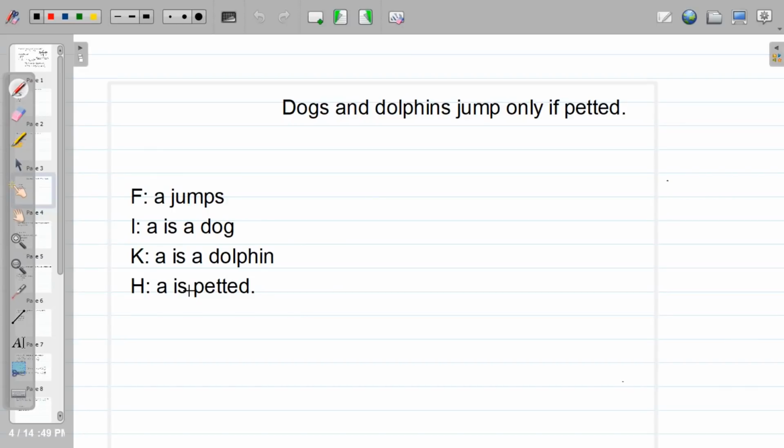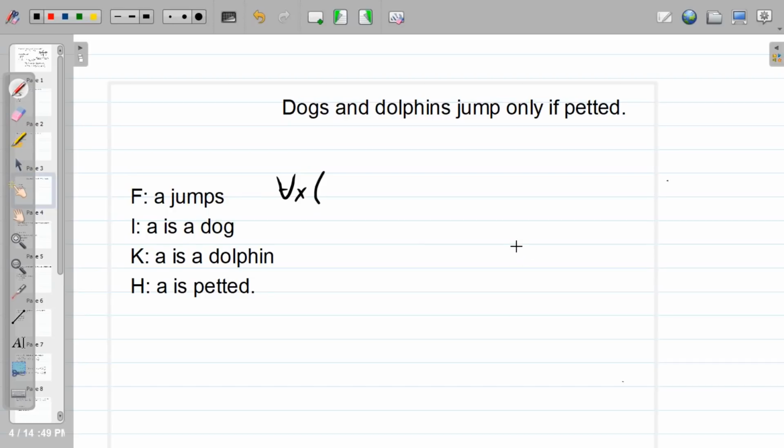And now you ask yourself, which quantifier is it? Are we talking about a couple of dogs or a couple of dolphins, or are we talking about the class of them? It's the class of them, right? It's the set of all dogs and dolphins. So we know it's a universal, for all x, something, something.